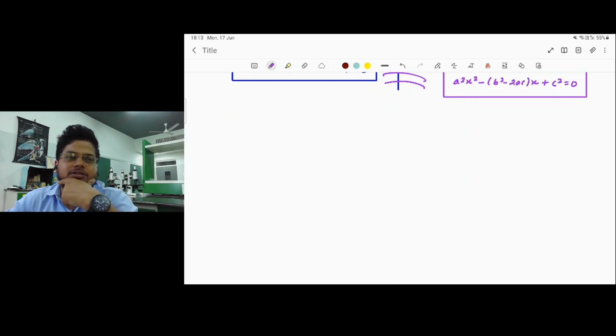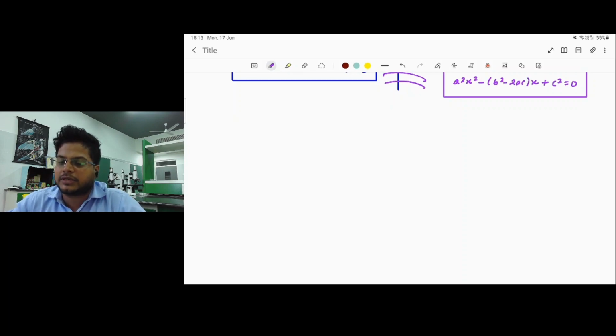No problem, we can restrict ourselves to a quadratic. So let us say there is an equation whose roots are alpha and beta, and they're asking the value of alpha cube plus beta cube. What option do we have? One option is that we calculate alpha cube plus beta cube. You have been taught how to calculate it.